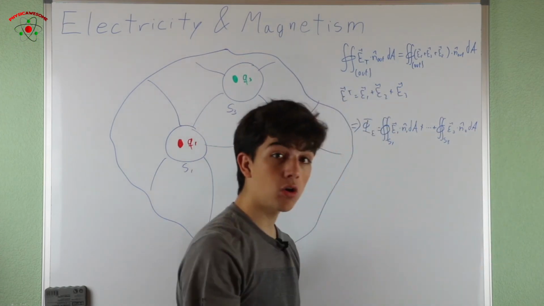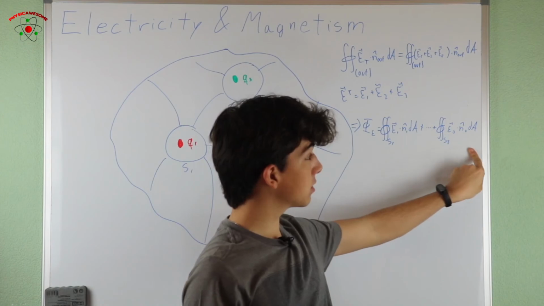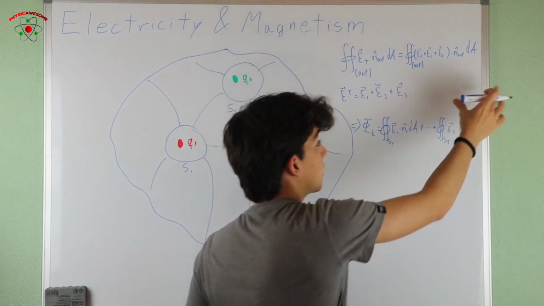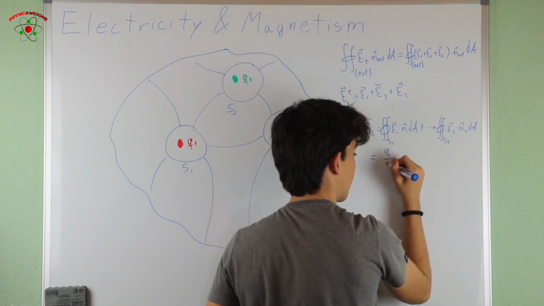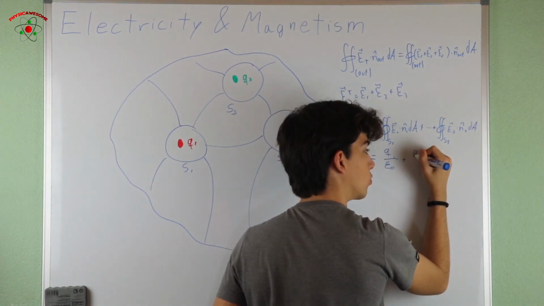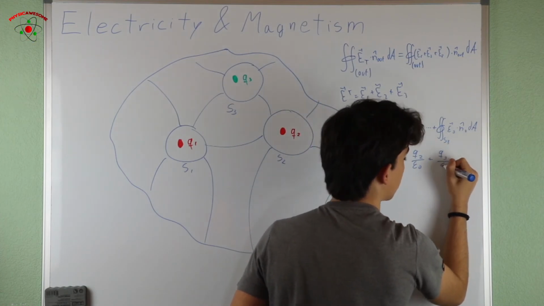And we know, because we found it earlier, that these integrals obey Gauss' law. Therefore, this is Q1 over epsilon naught plus Q2 over epsilon naught plus Q3 over epsilon naught.